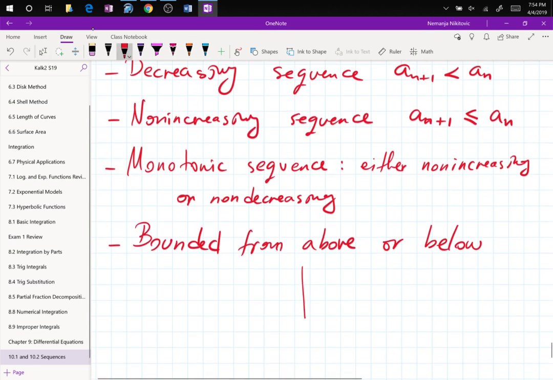A sequence that is bounded above is the one that rises and then has a cap. The one that is bounded from below would be when it goes downwards and then it hits the bottom.